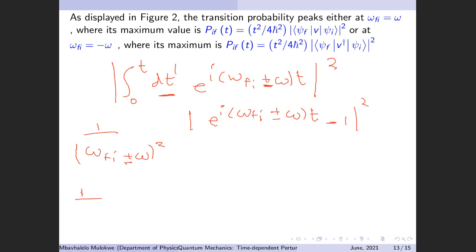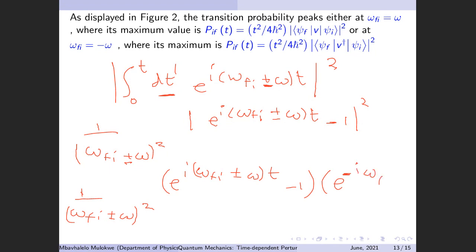So this gives you 1 over (omega final initial plus or minus omega) squared, times e to the i(omega final initial plus or minus omega)t minus 1. So you multiply that by the complex conjugate, e to the minus i(omega final initial plus or minus omega)t minus 1.